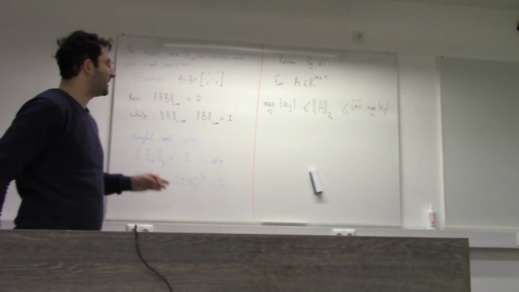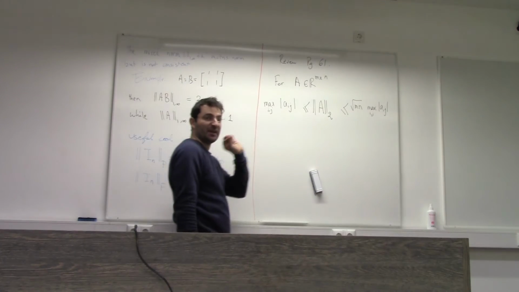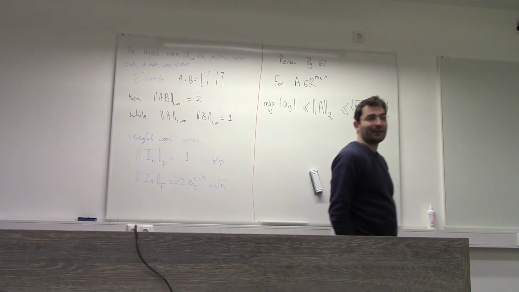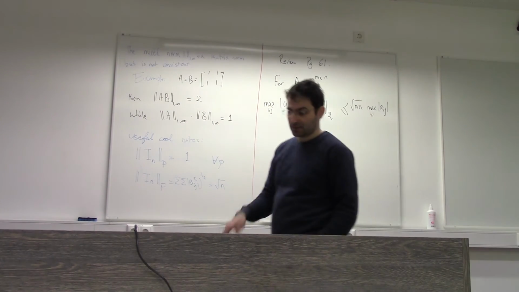It is bigger than the maximum element of the matrix, and it is smaller than the maximum element of the matrix multiplied by the square root of m by n, which is the size of the matrix.